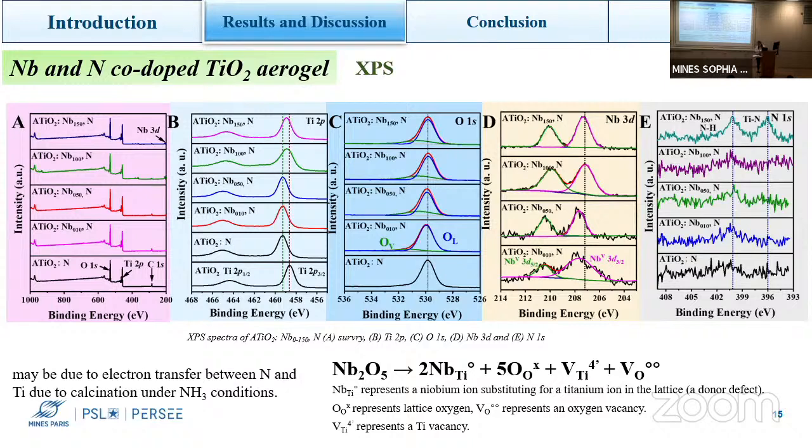Because at the beginning, for me, the characterization was done after supercritical drying. So I don't understand the generation of nitrogen starting from urea, for example. What is the mechanism of the degradation? Is degradation only due to the calcination or not? Because we describe two different ways for nitrogen doping.